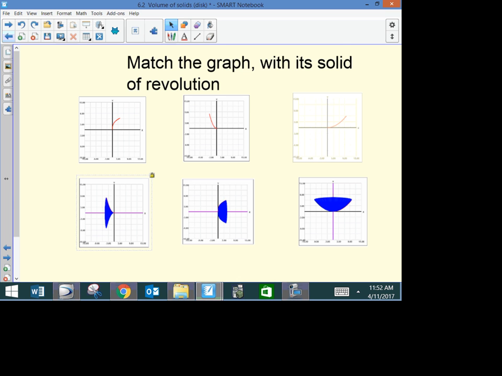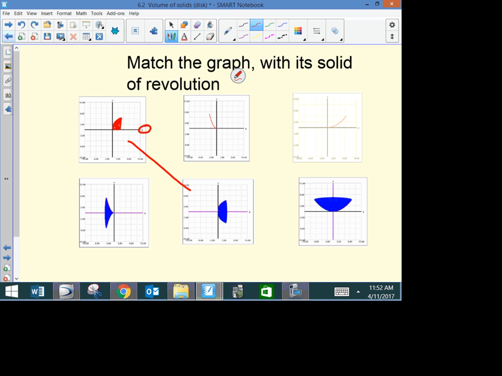So where does this one go? You've got probably this going on. Which one? The middle, that's right. This one, you rotate it about this, and it creates this kind of flat bowl on the side there. Okay?